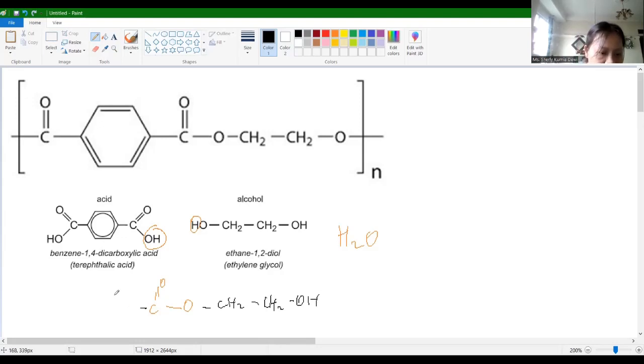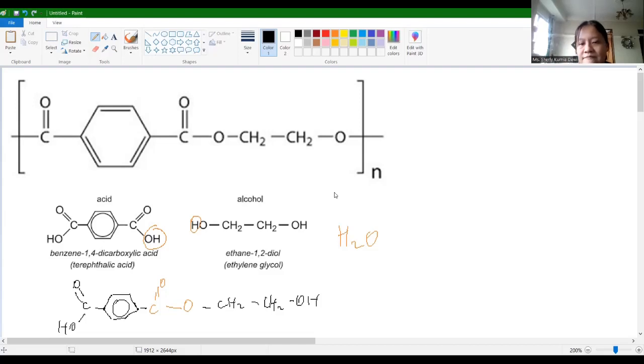While this one is benzene, but you have not yet learned about this one. Later you will learn it in another level. Like this one, that is the condensation reaction. Okay, this is for the polyester.